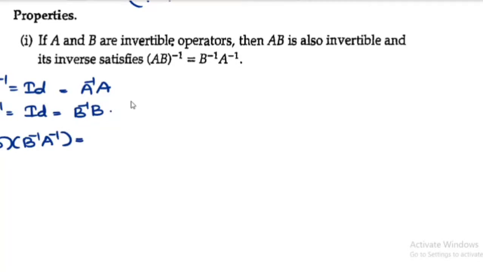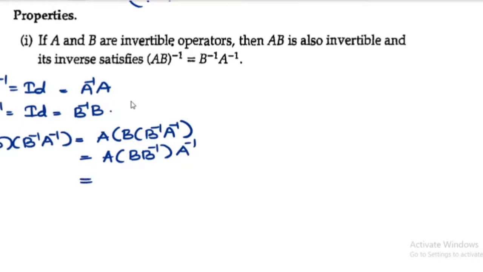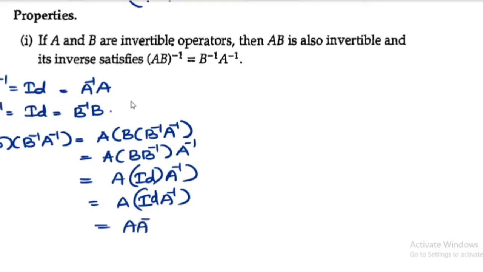Using the associative property, we get A into B B inverse into A inverse, and this is equal to A ID A inverse, which is the same as A A inverse, and this is equal to ID. Thus we get AB into B inverse A inverse equal to ID.